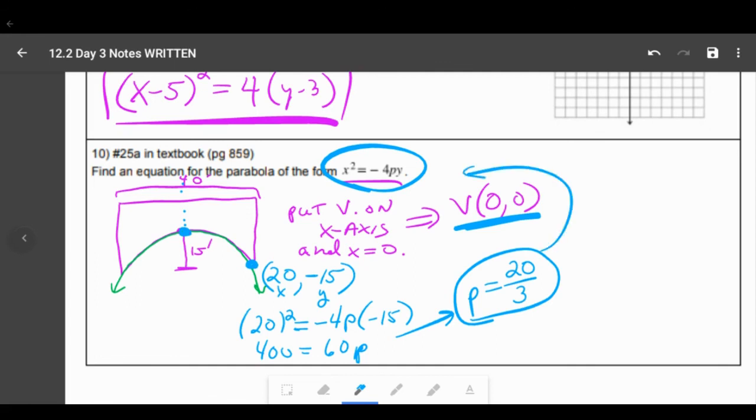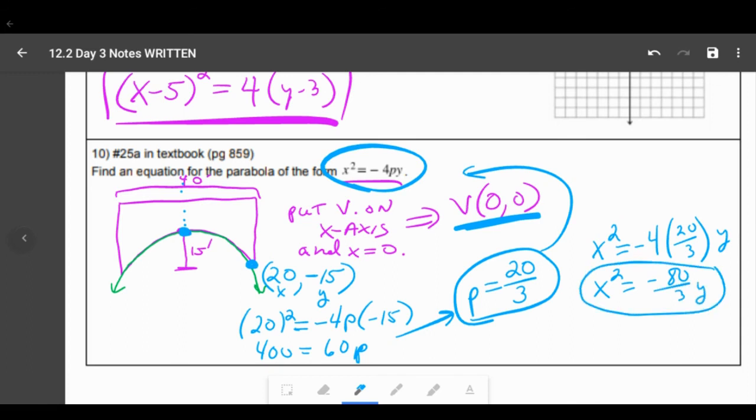And this bridge, if I put the center of that vertex at 0, 0, and I plug that in, I'm just going to get x squared equals negative 4 times 20/3 y. And if I clean that up, x squared equals negative 80 over 3 y. And there's your final answer for that parabola underneath the bridge, okay?